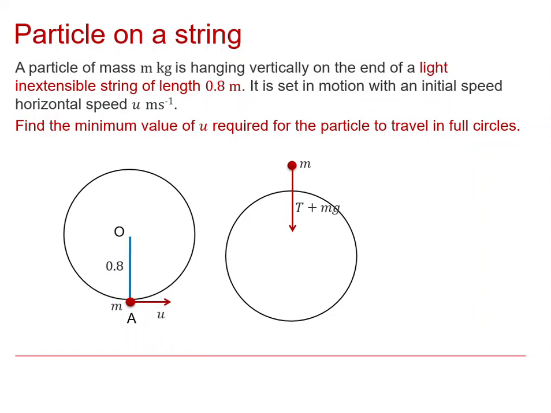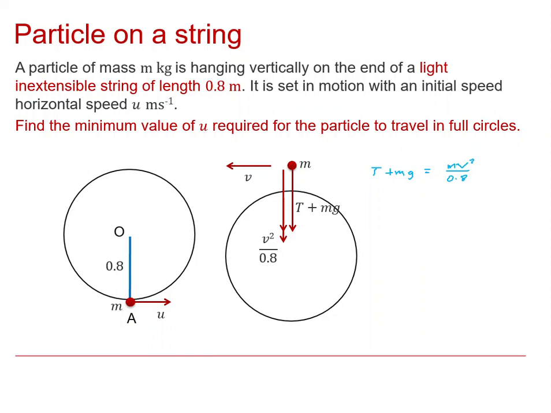Those two act in concert at the top, and they produce the acceleration towards the center, which is expressed in terms of the speed at the top. So v squared over 0.8 is the usual acceleration. Resolving along the string and applying F equals ma, Newton's second law, we get T plus mg is equal to mv squared over 0.8.